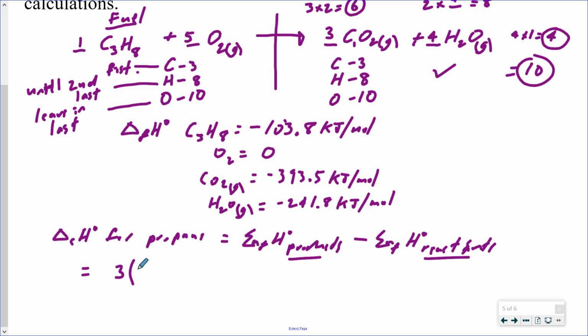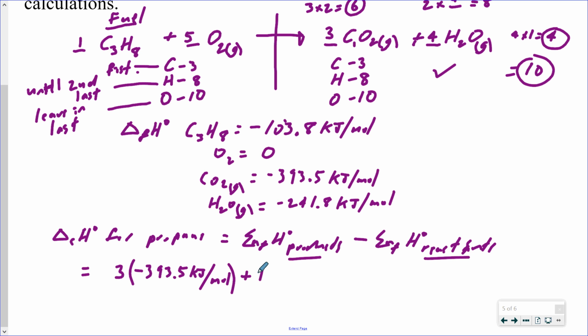Going to open up some brackets here and put in my number for the heat of formation for carbon dioxide, negative 393.5. Again, units all along the way, kilojoules per mole. It's the sum of the enthalpy in the products. So now I go on to the water.